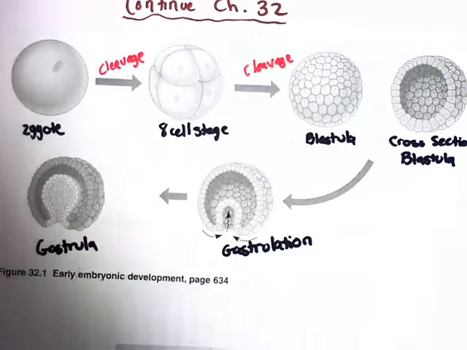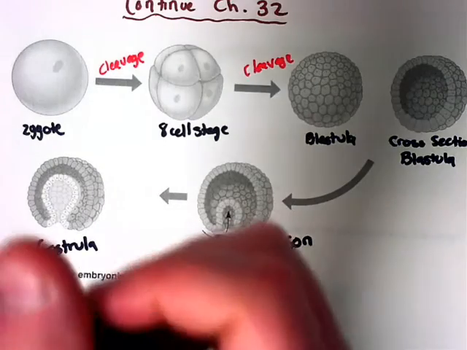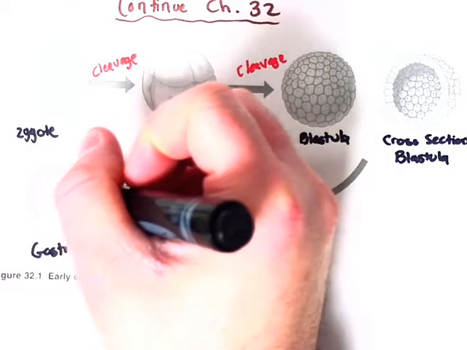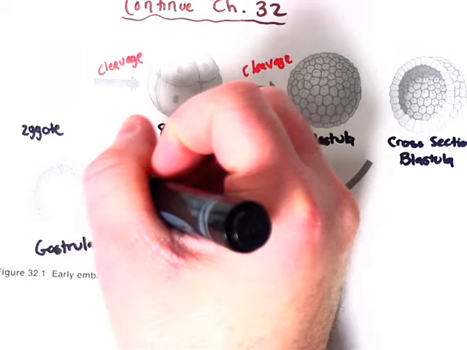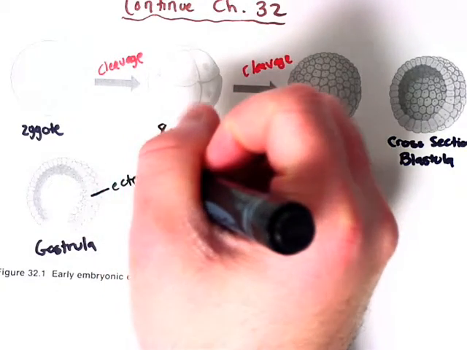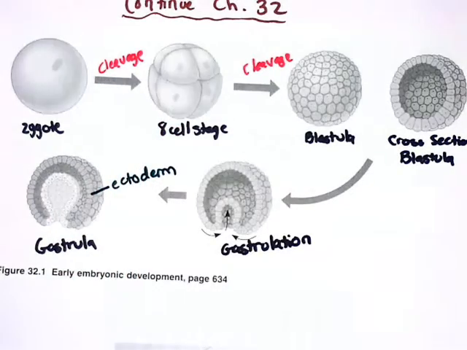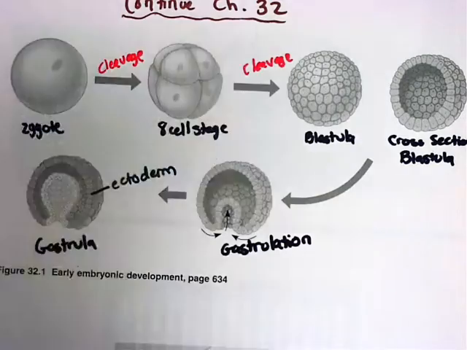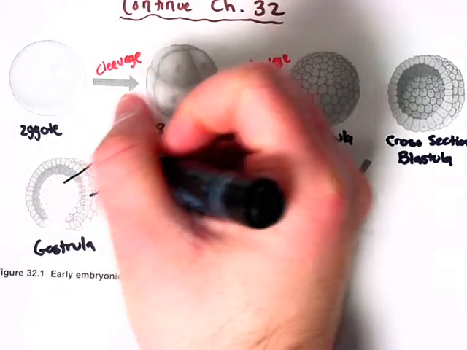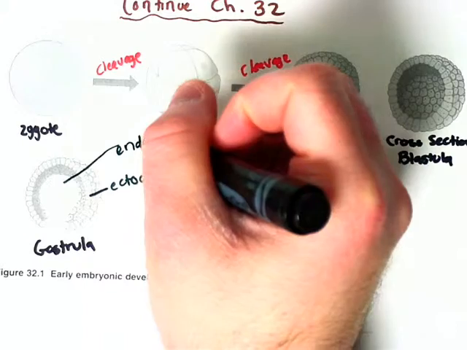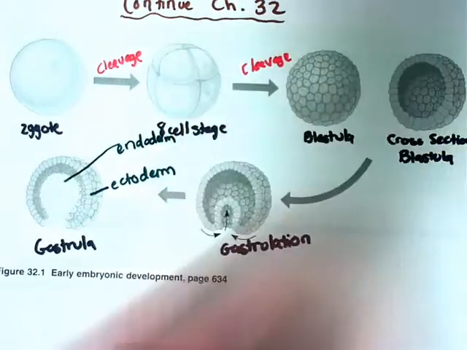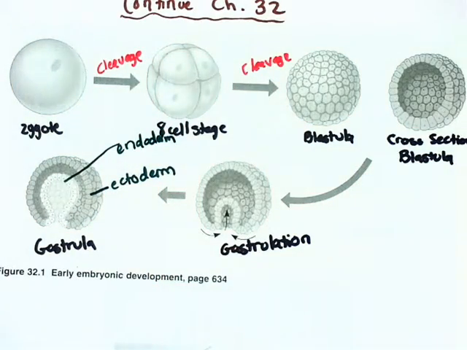And we can identify some different points, like for instance, on the very, very outside, ectoderm. On the very inside, right about in there, this would be endoderm. Endoderm right there.